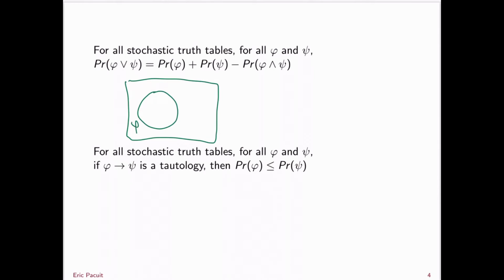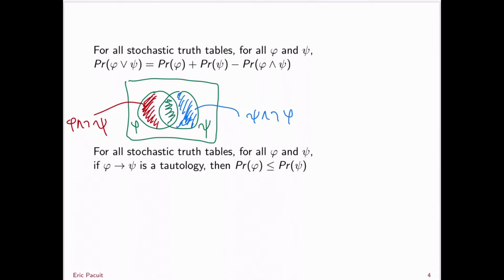So here we have phi, here we have the psi region. Now let's highlight the phi and not psi region. So this is phi and not psi. This region right here is going to be the psi and not phi region. And the region in the middle right there is, of course, the phi and psi region.